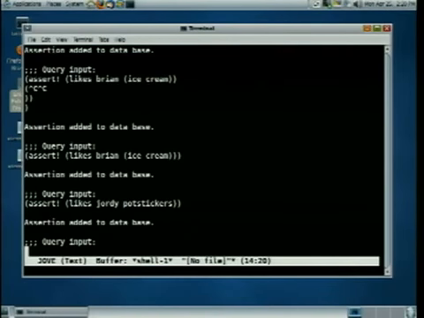But people find logic programs more readable if you put a relation first and the arguments to the relation after that. So likes is a relation between two things, a person and a thing to like.